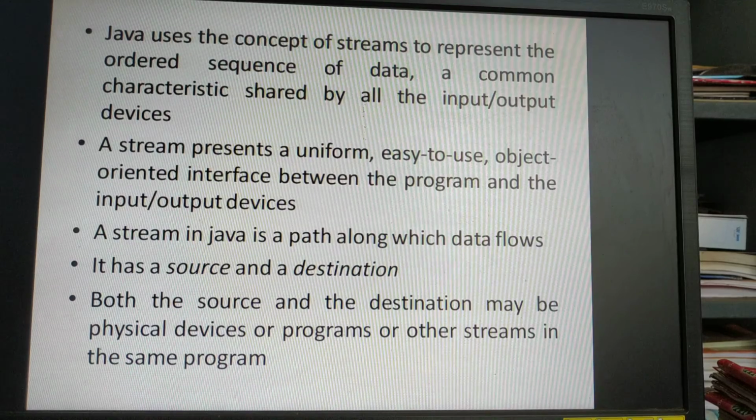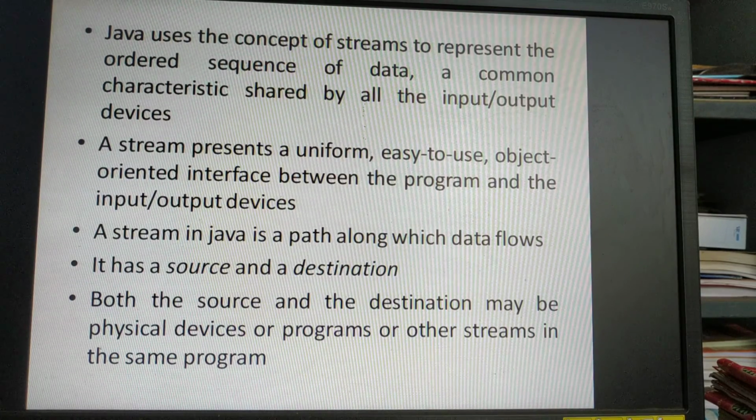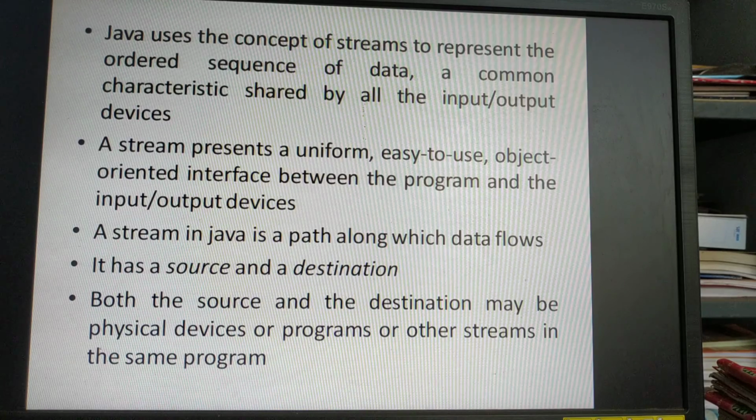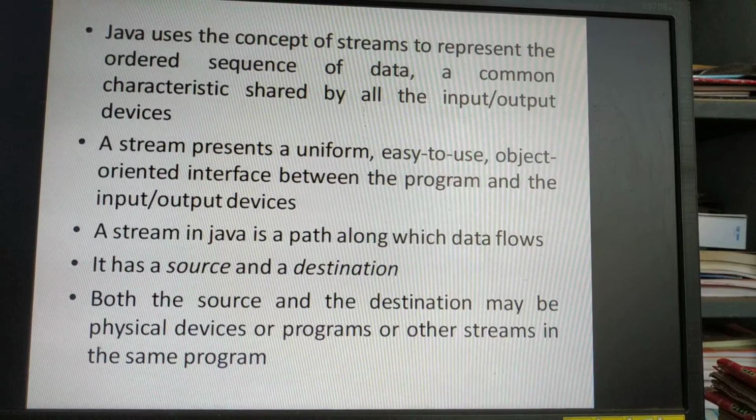Java uses the concept of streams to represent the ordered sequence of data, a common characteristic shared by all the input-output devices. A stream represents a uniform, easy-to-use, object-oriented interface between the program and the input-output devices.